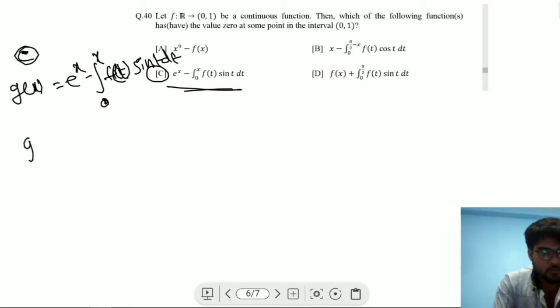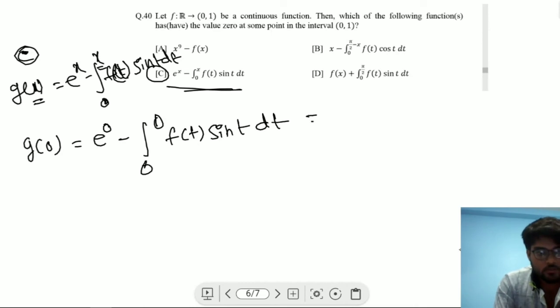Now g(0) is equal to e to the power 0 minus the integral from 0 to 0 of f(t) sin t dt. If you put x equals 0, this is nothing but e to the power 0, which equals 1.